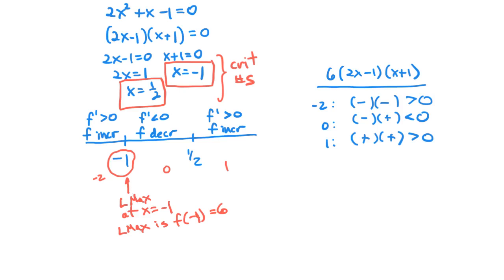And then over here, the function is decreasing, then it increases. So it's decreasing, getting lower, lower, lower, flattens out at 1/2, then it increases. So the function decreases, flattens out, increases. That means we've got to have a minimum here. Again, by the first derivative test, we have a local minimum at x equals 1/2.